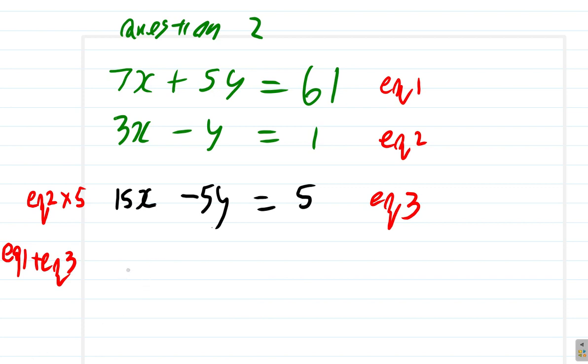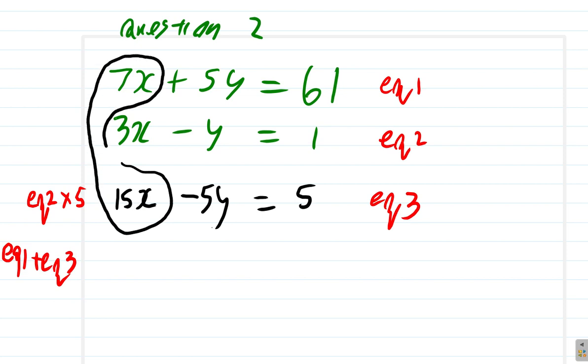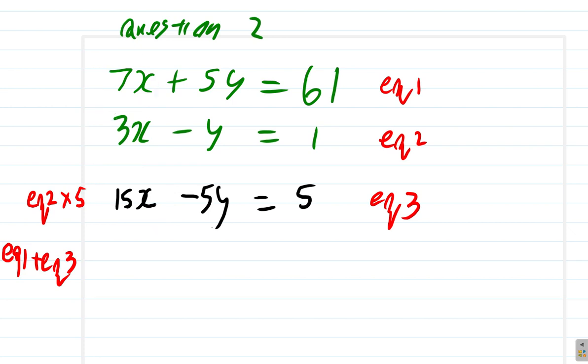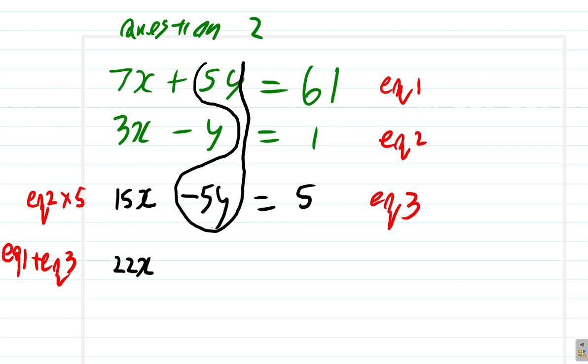So, equation 1 plus equation 3, what we're going to have to do is to add the x part. 7x and 15x. 7x plus 15x gives you 22x. You see that? Then the y's. 5y plus negative 5y.